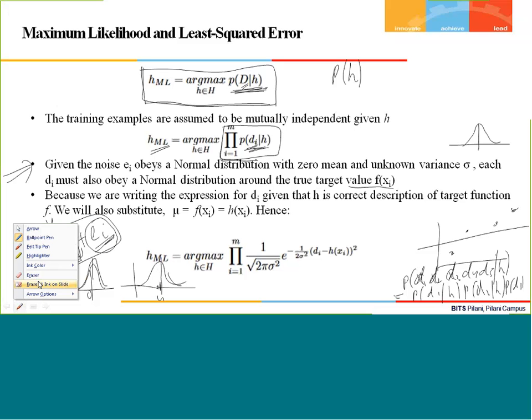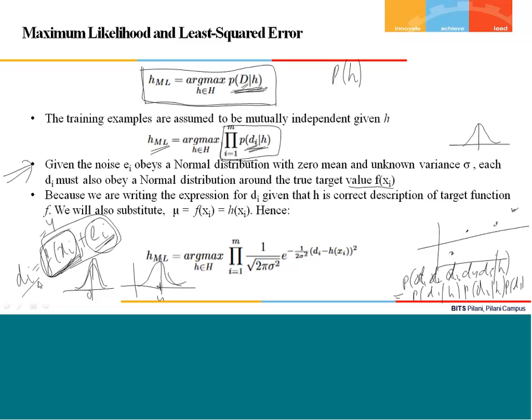Now when you pick the di, you can visualize it like this. If you would have picked the ei with zero mean, you could have the probability of picking this number or this number, but when you are adding something to it, you are shifting this distribution to some location that is given by f(xi).